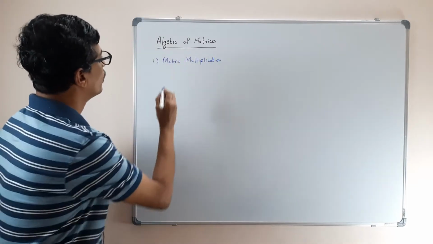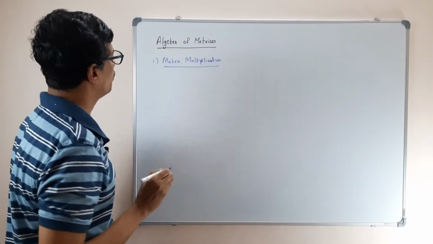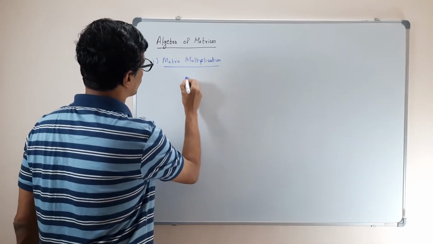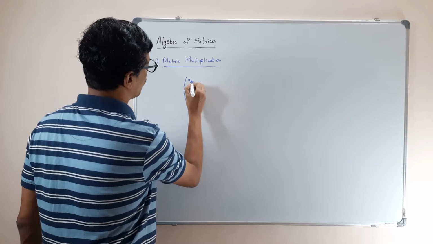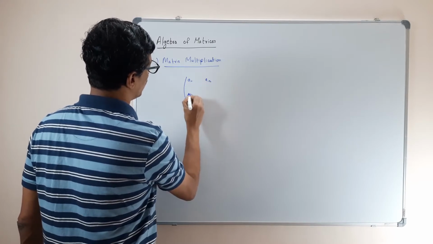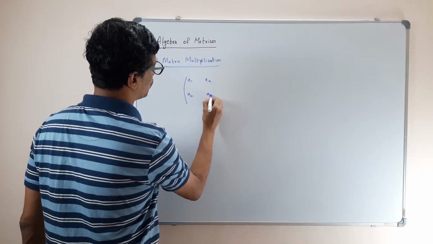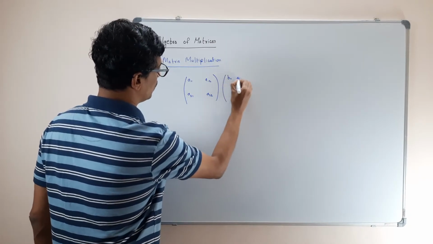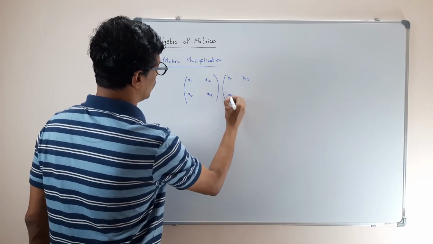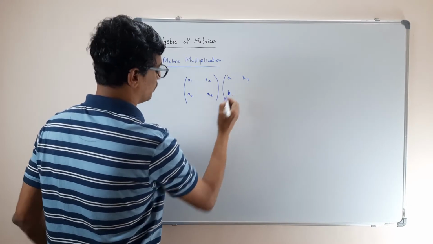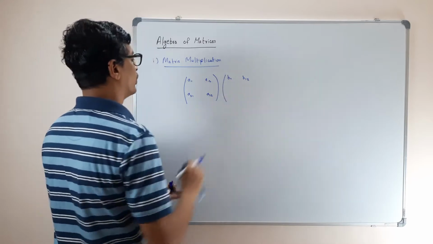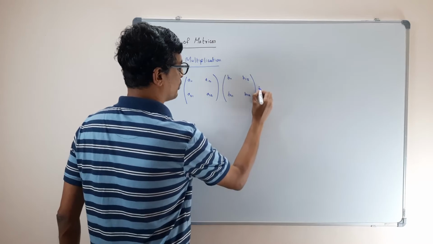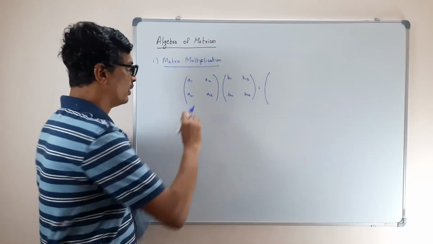So if you remember, how do we multiply a matrix? We took a small example: A11, A12, A21, A22, a square matrix I am taking. And here also B11, B12, B21, B22. You remember how we multiplied?